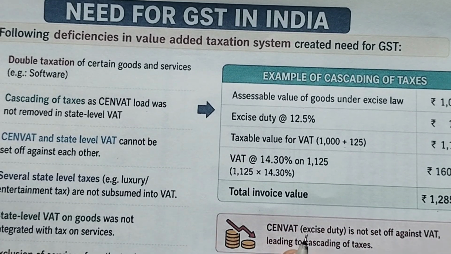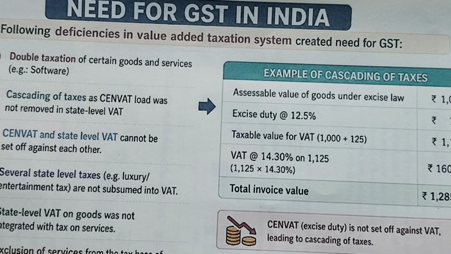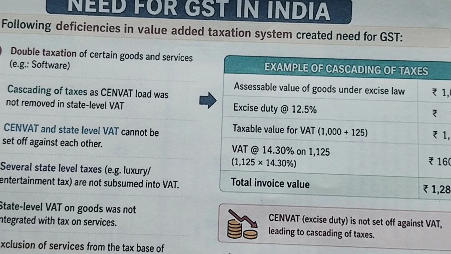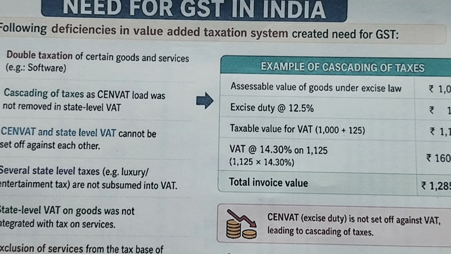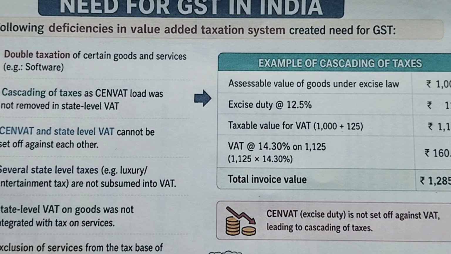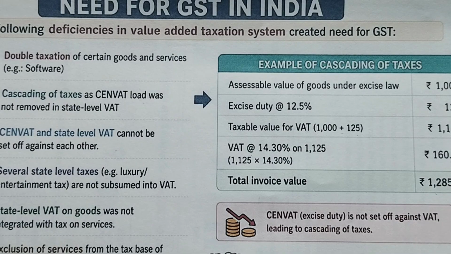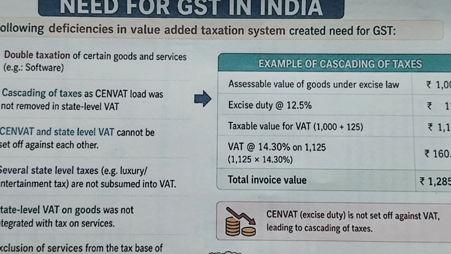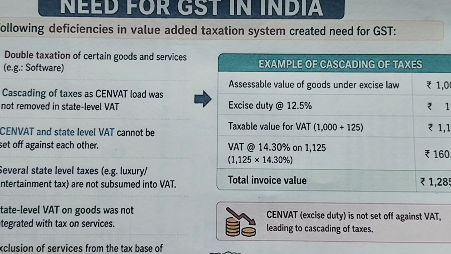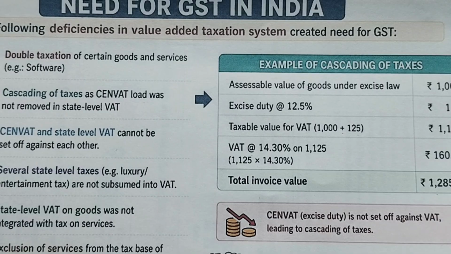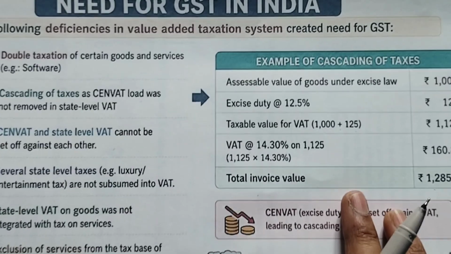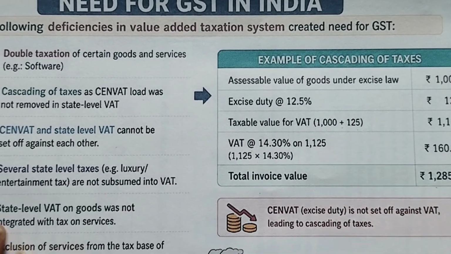Exclusion of services. CST caused distortion. See, these are the main reasons GST has been introduced: to remove the cascading of tax, avoid double taxation, ensure a seamless flow of input tax credit, and to create a unified national level market.